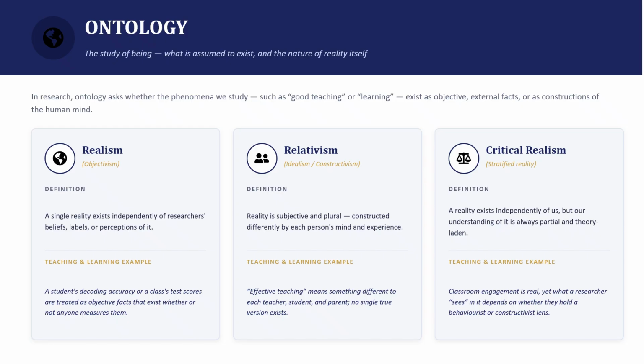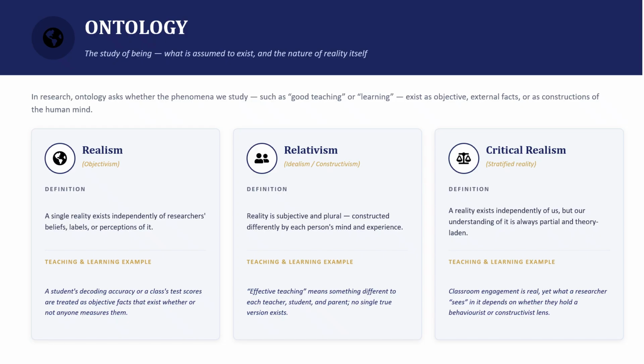But under relativism, effective teaching means something different to each teacher, student, and parent. No single true version exists. Supposing you are going to look at what good teaching or effective teaching is, under realism there's only one reality, and if you are going to do the research, you try to capture that particular reality.